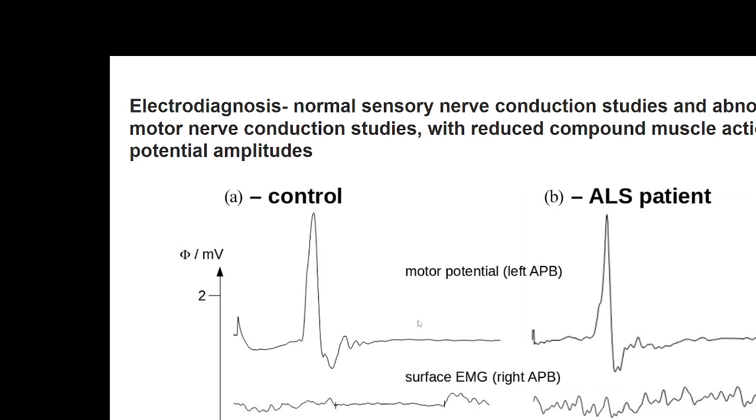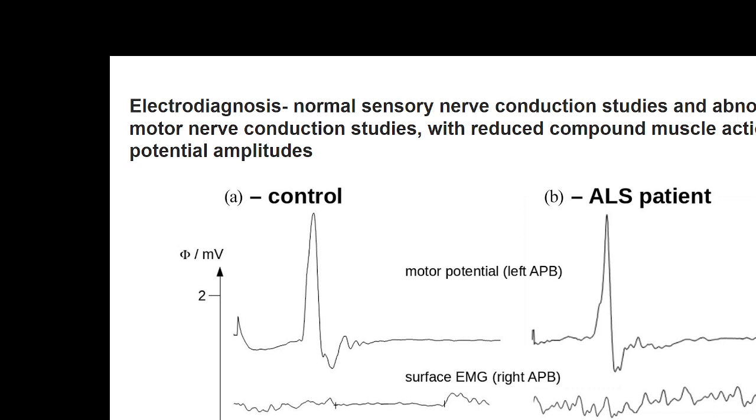Overall the amplitude of the muscle contraction would be lesser and there would be slight irregularity, and hence the chances of missing this are quite common. See, in a normal person versus an ALS patient, the activation period is slightly longer and there could be some abnormal slight movements which are often missed, and hence the sensitivity of the test is quite low. A negative test may not completely rule out the diagnosis.